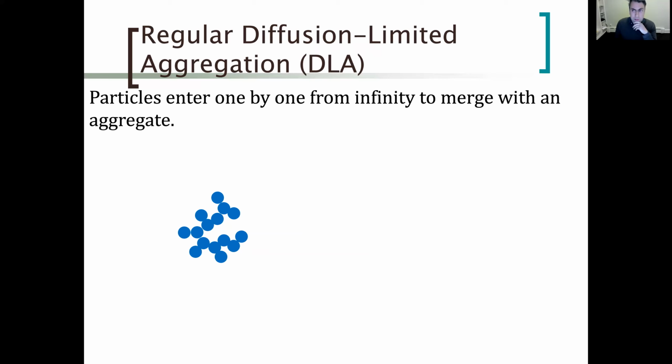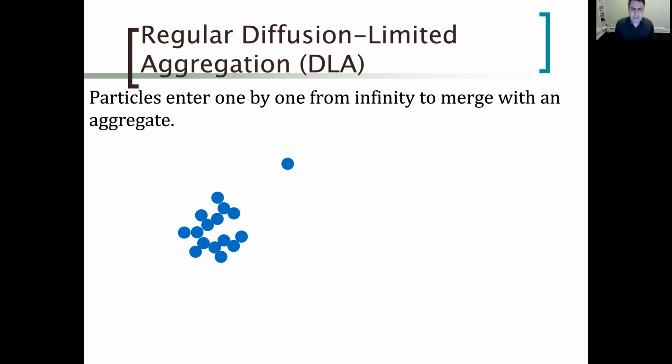Okay, but to get to multiparticle DLA, I'm first going to say a few words about the classical model of diffusion limited aggregation, which is quite a famous model that probably many of you have seen before. The idea is you have some aggregate, and these are like the infected particles, and they won't move.